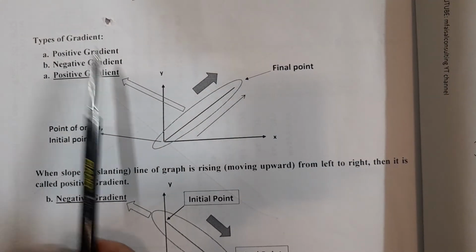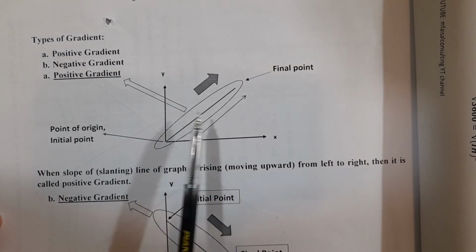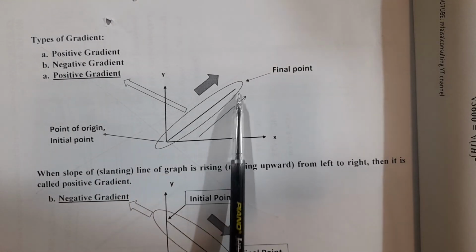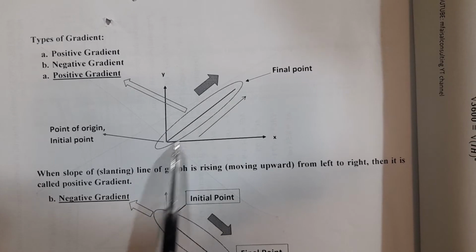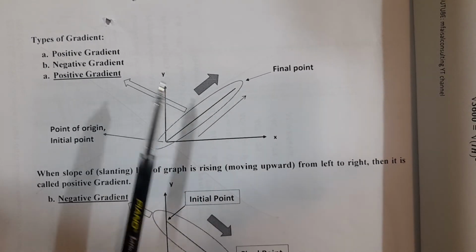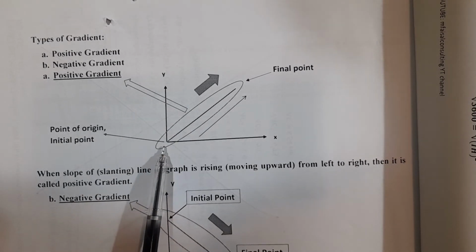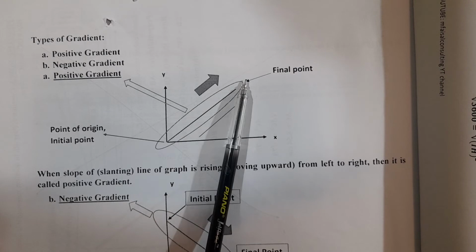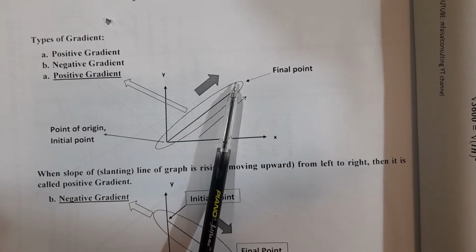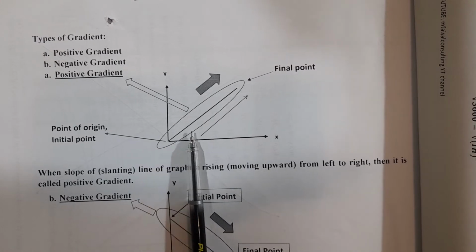Now the types of gradient: positive gradient and negative gradient. A positive gradient is when the slope of a line, this slanting line or line of a graph, moves upward from left to right.